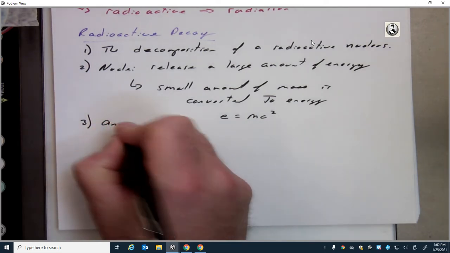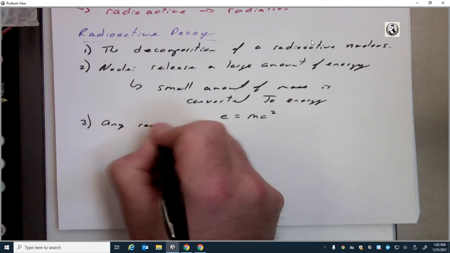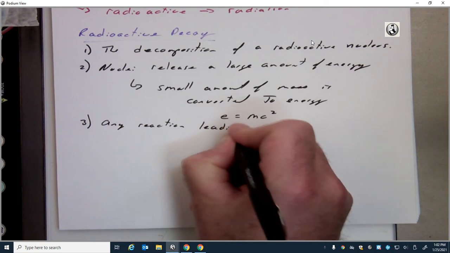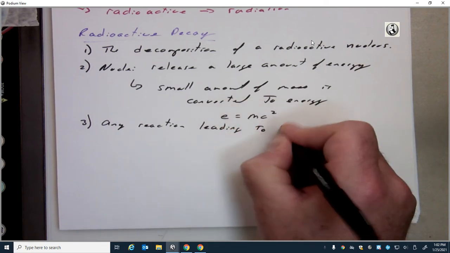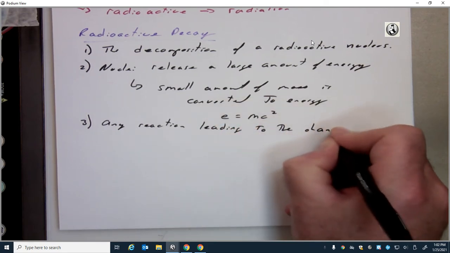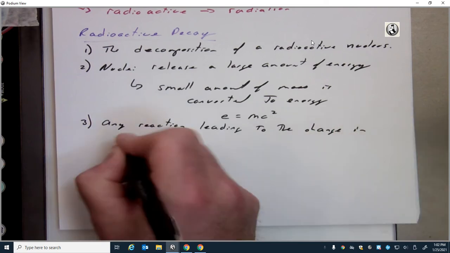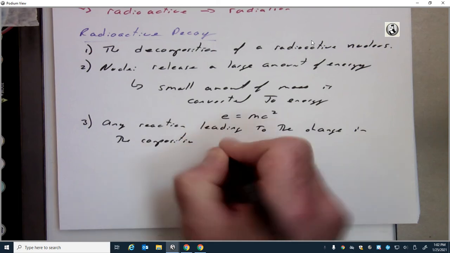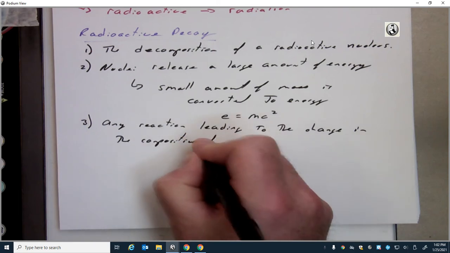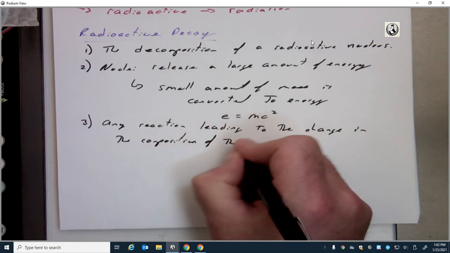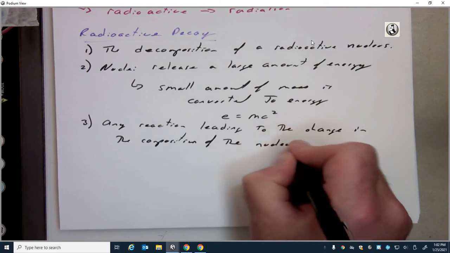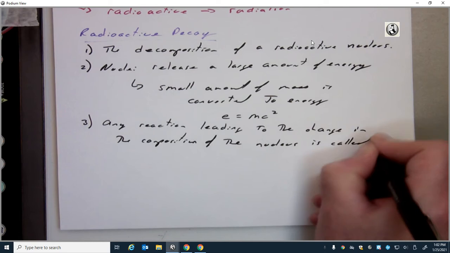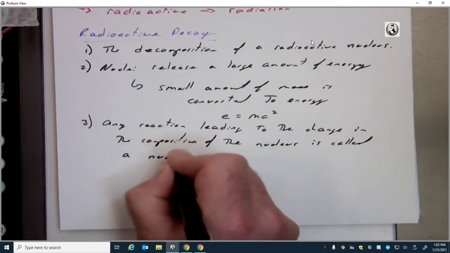Any reaction leading to the change in the composition of the nucleus is called a nuclear reaction.